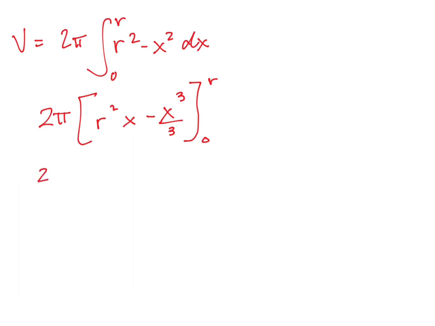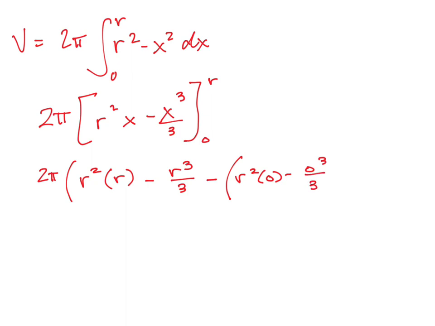So we have 2 pi times r squared times r minus r cubed over 3, minus, open parentheses, r squared times 0 minus 0 cubed over 3. So we did indeed zero out that second half. Thank you, symmetry.